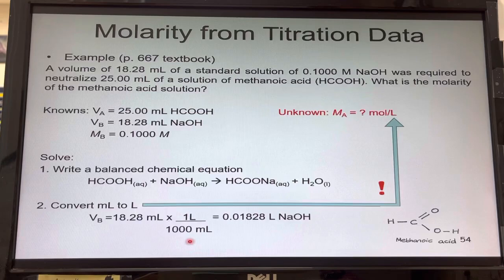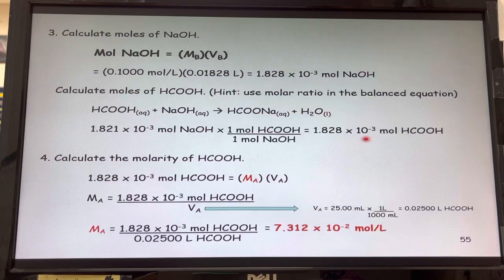How do we know that? I mean, it's here, it's in the problem, okay? Although it's in our notes as well. We took the notes on the first part of these acid-base notes, okay? And when we divide these two numbers, we get 7.312 times 10 to the minus 2 moles per liter. And it makes sense, okay? And it's in the right units, okay?